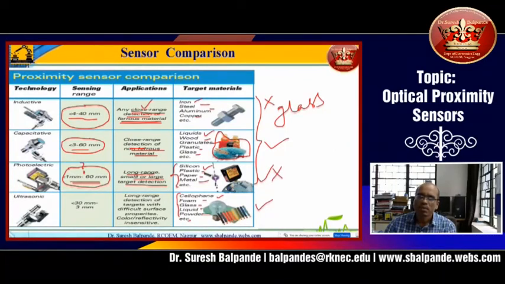So glass is applicable only for capacitive and ultrasonic proximity sensors. This criterion is very important. One is distance, and then target material. First of all you have to decide which material you want to detect and how much the sensing range is. Depending upon the sensing range and the material, you can decide the particular proximity sensor. For the highest distance, photoelectric is the only solution.